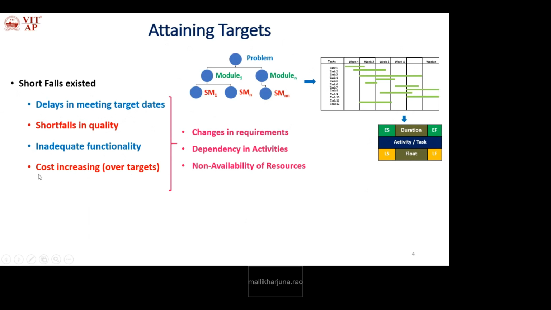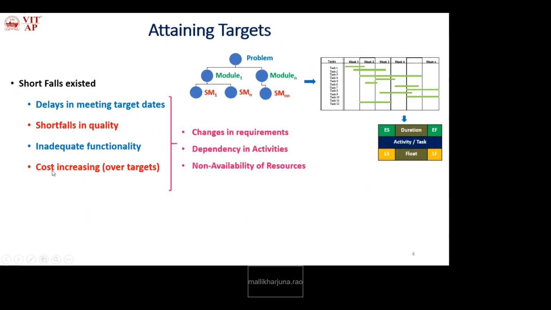Okay, so then the fourth shortfall, cost increasing. Whenever we are trying to add new functionalities, definitely it shows an effect on the schedule. So here the planned schedule is violated, which is nothing but the time is increasing. We have to estimate the cost for the increased time.